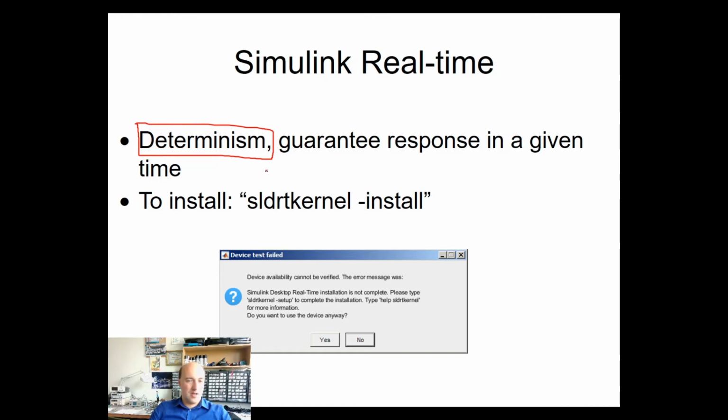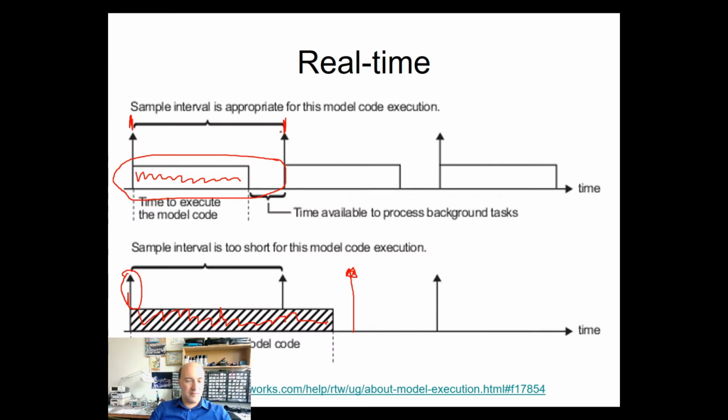For example, my required sampling time is from this sample to that sample. And if the code runs in real time, then it needs to keep this sampling time under all conditions. So for example, if this was time 0 and this will be time 1 second, then under all circumstances, even if I eventually run other applications, this sampling time will be maintained.